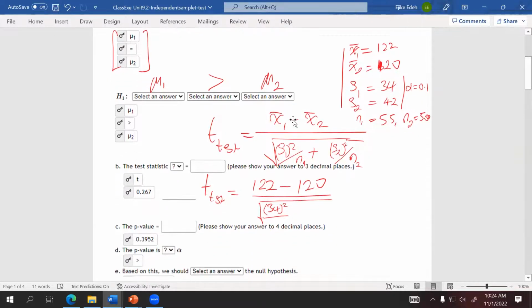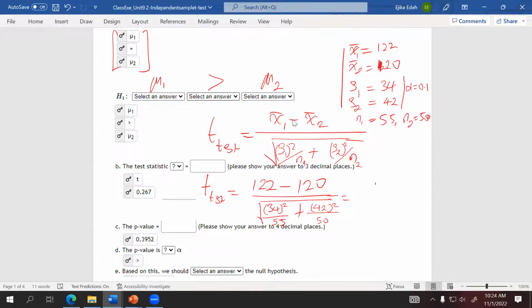So we continue plugging in. Over here we have divided by 55, right? Plus 42, the standard deviation, but we are looking for the variance here, so we square that, and we're dividing that by 50. Any question? I would suggest do this slowly, do it in parts, one at a time, right?